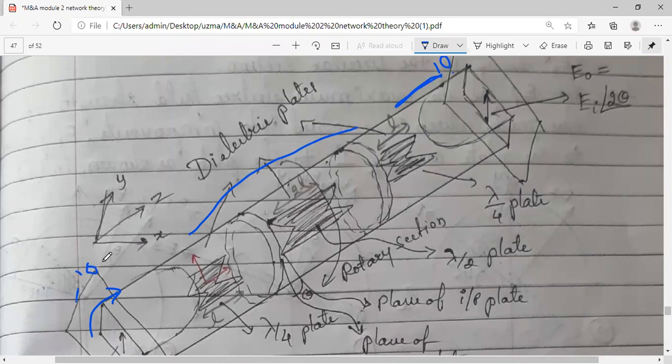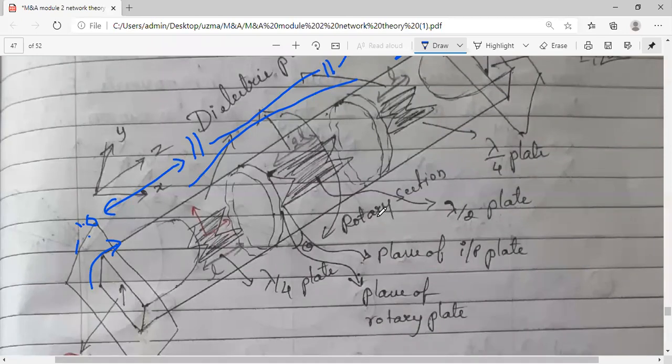So input and output should match. TE10 mode entered, TE10 mode will exit. So from TE10 to TE11, when it converts here, linear to circular polarization occurs. From this to this again it is the same, because it is circular throughout the length. From this to this, again circular to linear conversion should happen. Finally our output will be a linearly polarized wave.